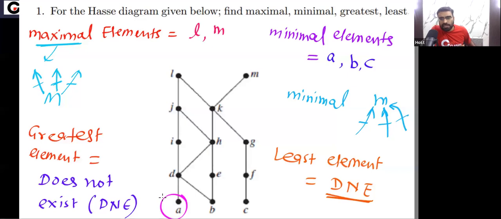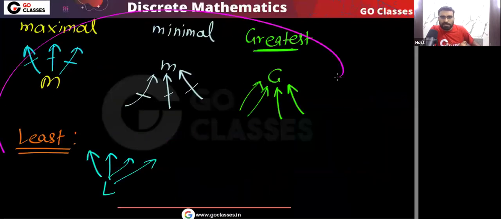The least element says that I am related to everyone, but this is not related to B. Similarly, this is not related to A. So there is no least element here. Okay, is this clear? Please tell me. Just apply these definitions. You have to apply nothing else.